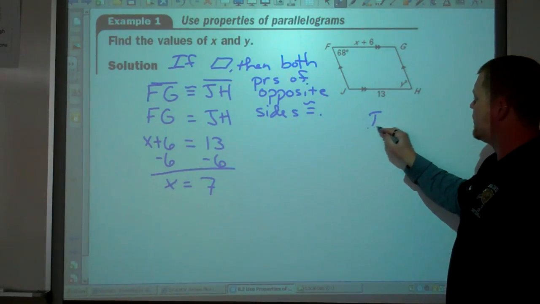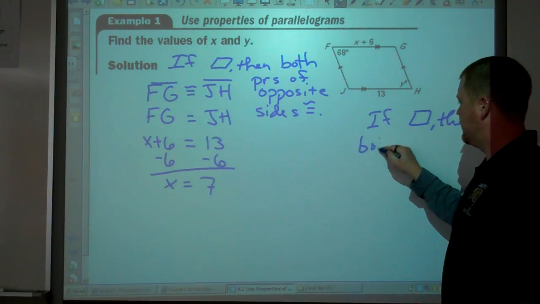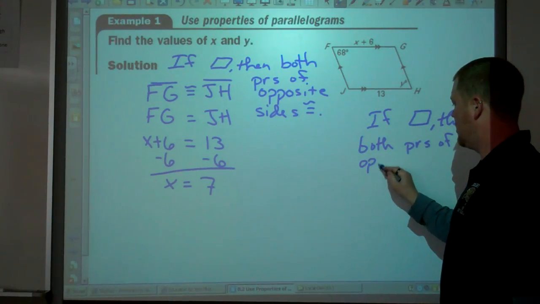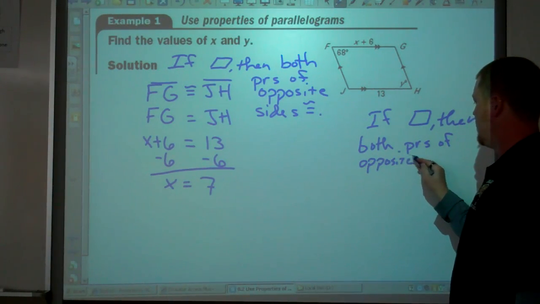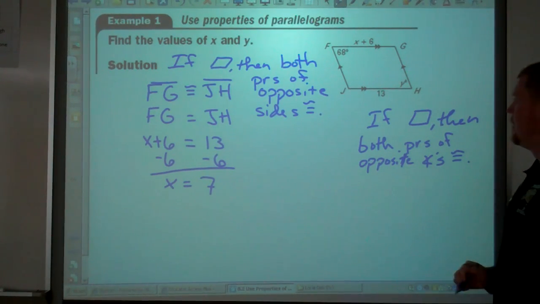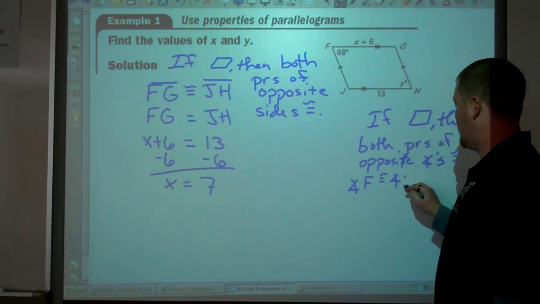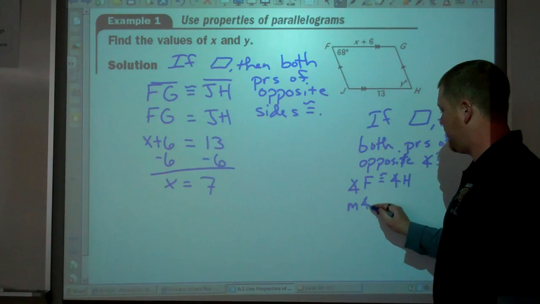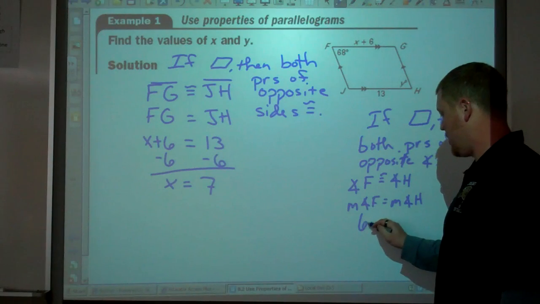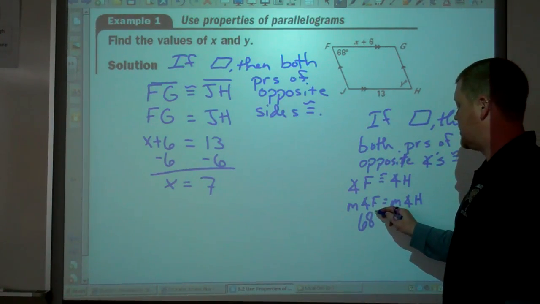And then over here, if it's a parallelogram, then both pairs of opposite angles are congruent. So angle F is congruent to angle H, which means the measure of angle F equals the measure of angle H. The measure of angle F is 68. The measure of angle H is Y, so Y equals 68.